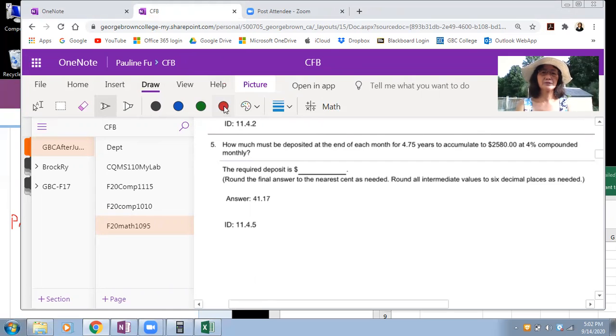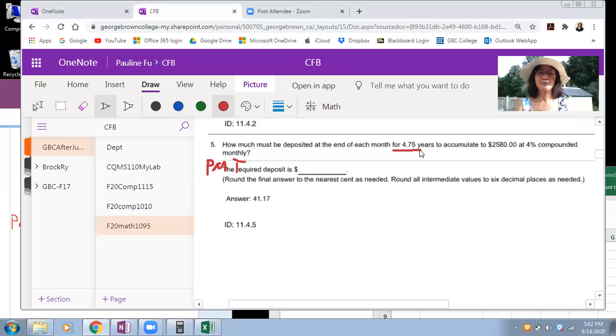Again, the question asks you, how much must be deposited at the end of each month? The question asks you for PMT. What is PMT? Each month for 4.75 years.